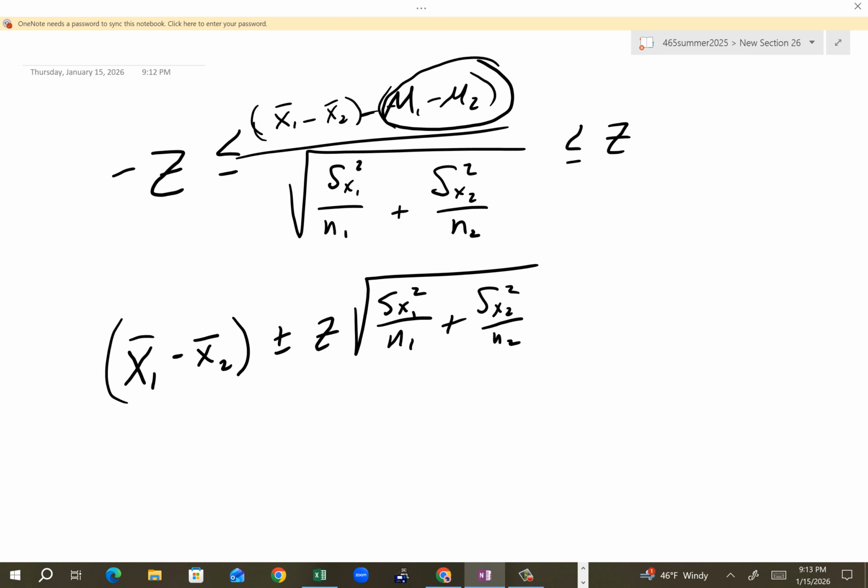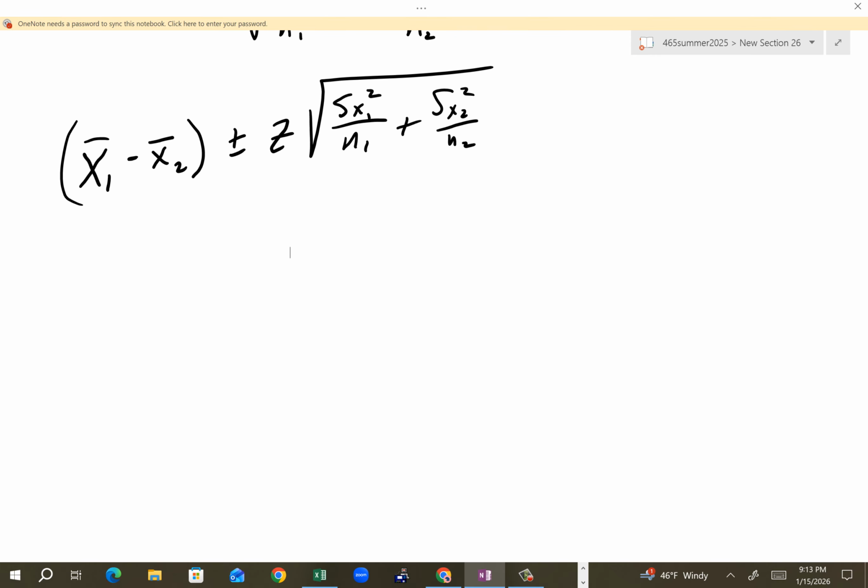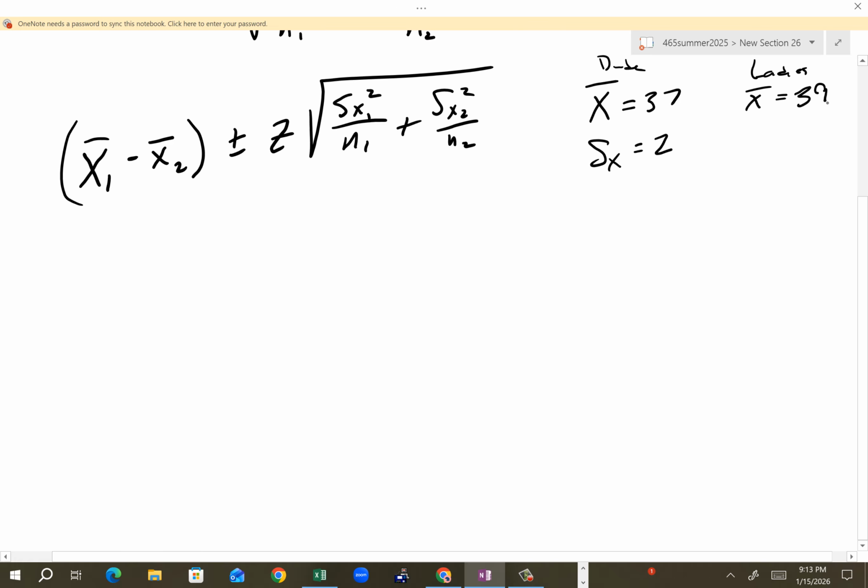So we take a sample average. X bar for the dudes, the average was 37. And for the ladies, X bar is 39.